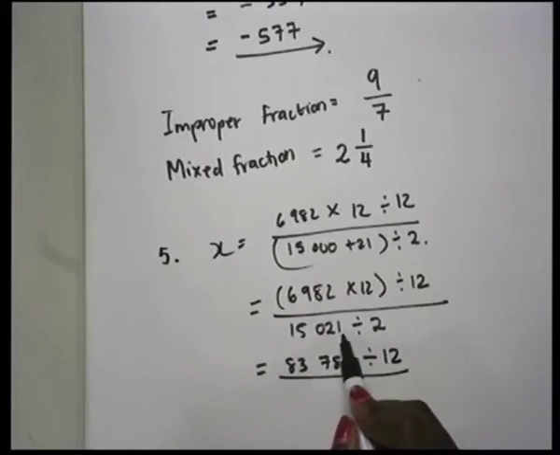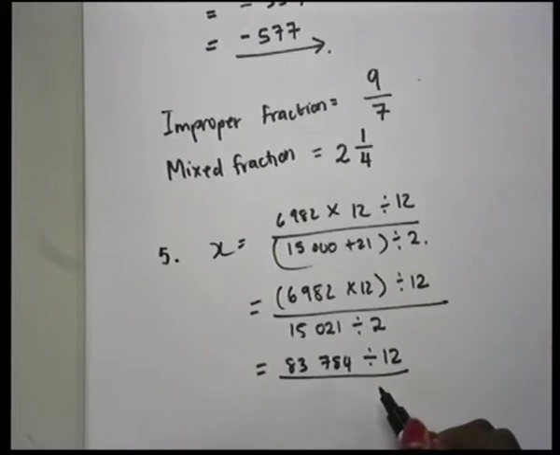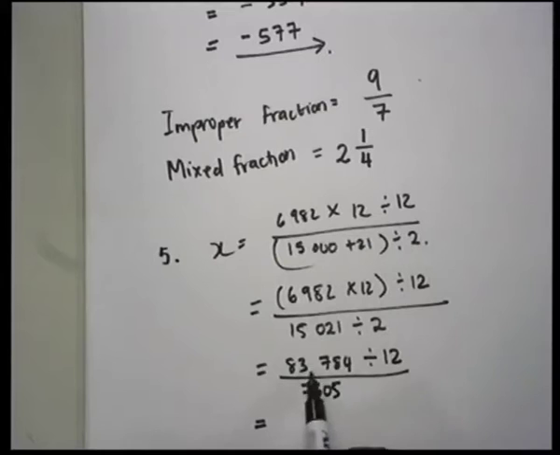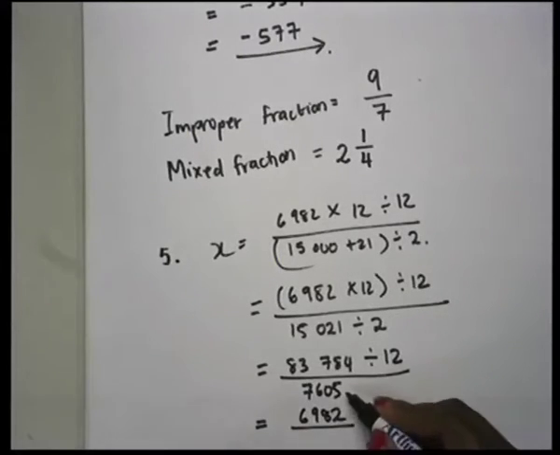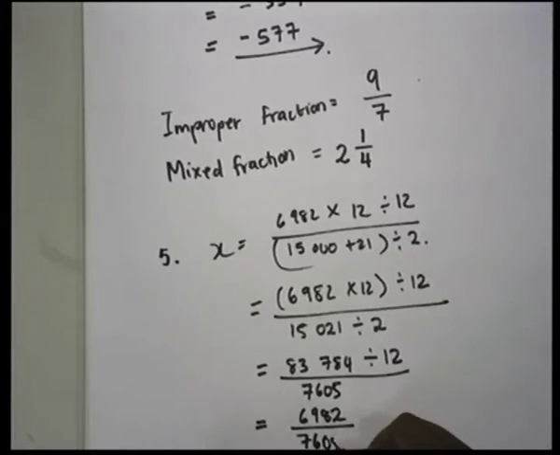Now 15,021 divided by 2 is equal to 7,605. 83,784 divided by 12 is equal to 6,982, so 6,982 divided by the denominator, which is 7,605.